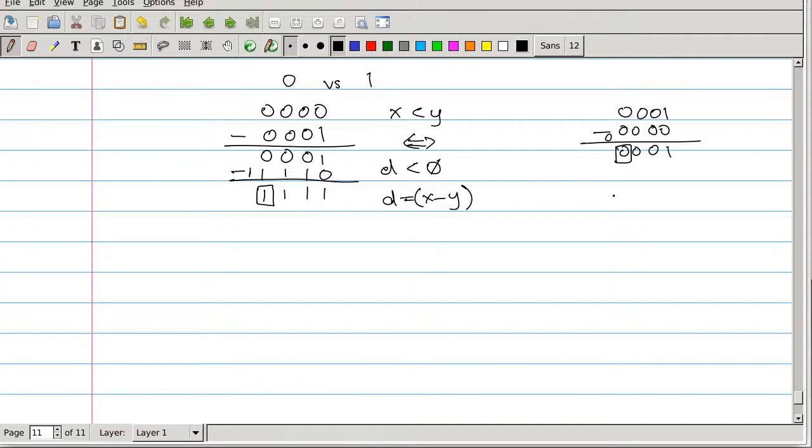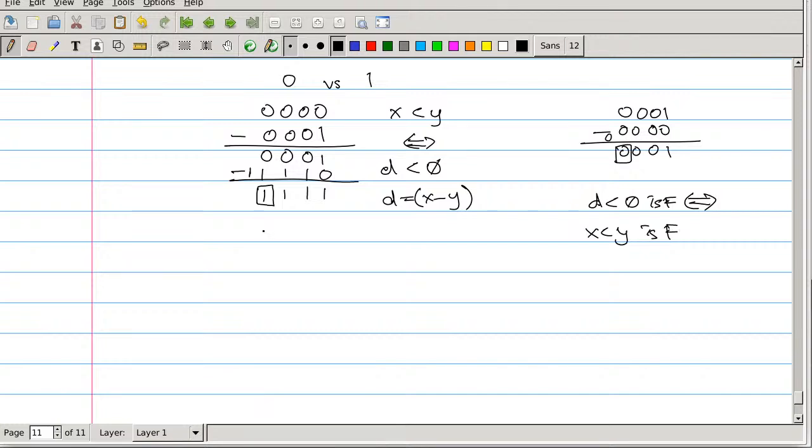So this is telling us that d is less than 0 is false, and that can only be the case when x is less than y is also false. Seems to make sense. If you think we are not good, just let me know.